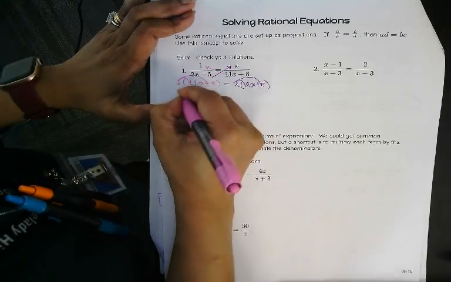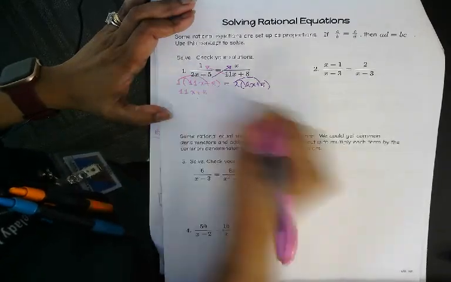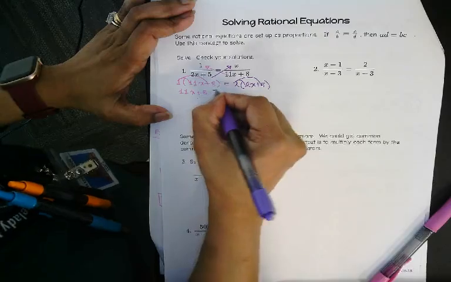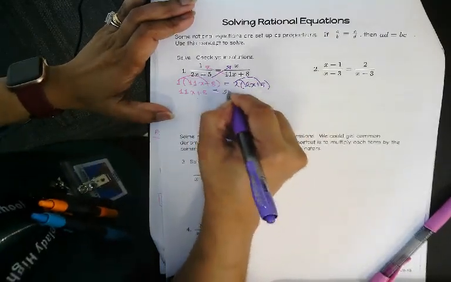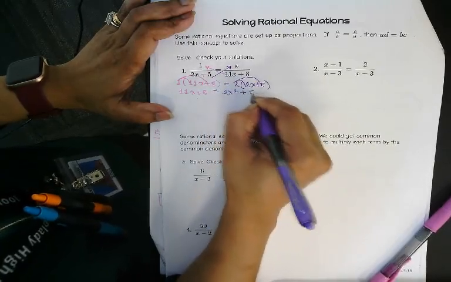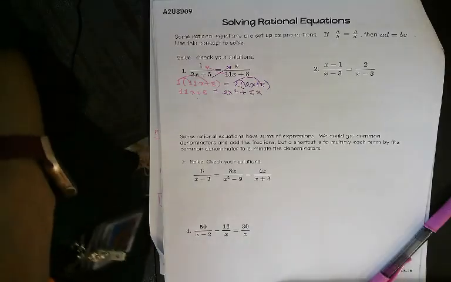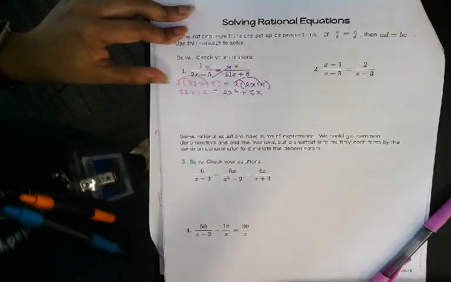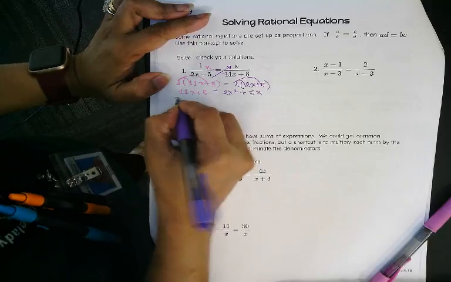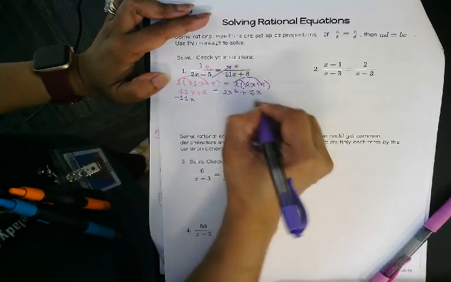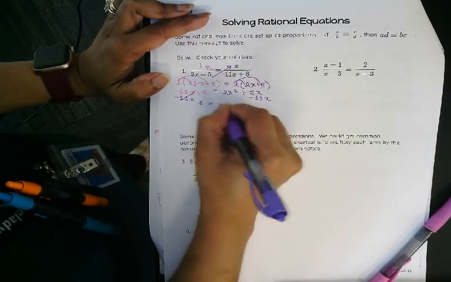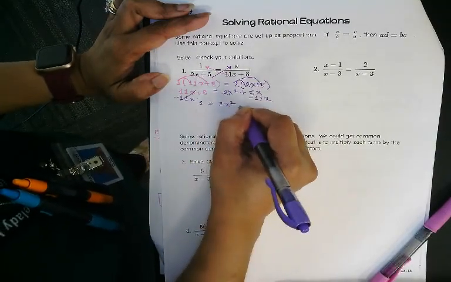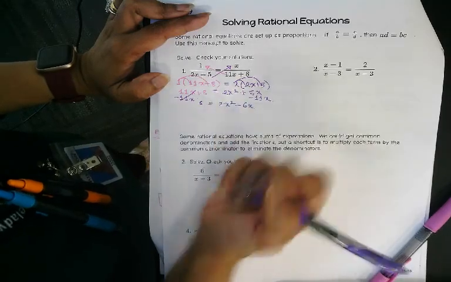So it's going to be 11x plus 8 is equal to 2x squared plus 5x. We're going to move everything to the same side since it's a quadratic, and then try to factor it or solve it. So let's subtract 11x from both sides. This cancels. 8 is going to be equal to 2x squared minus 6x.